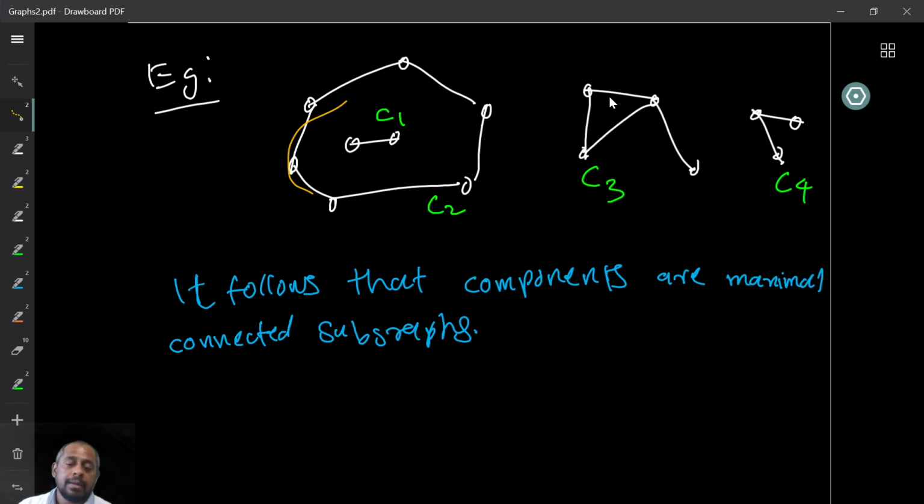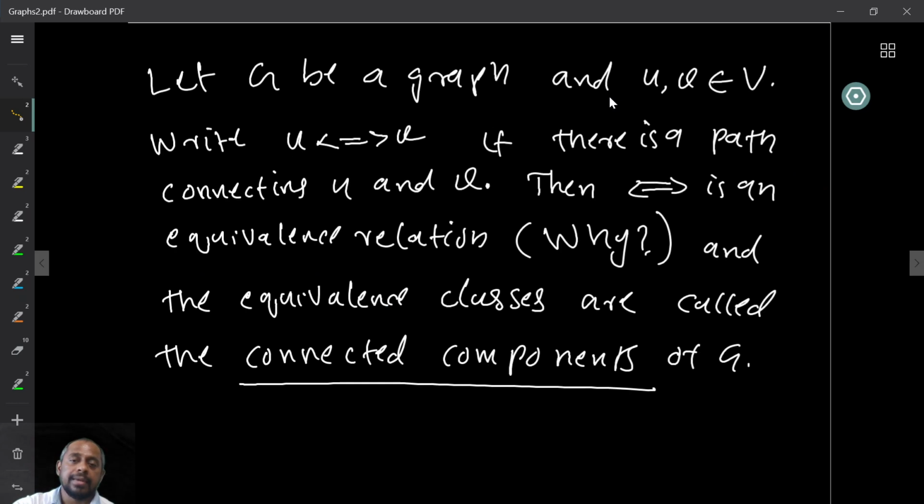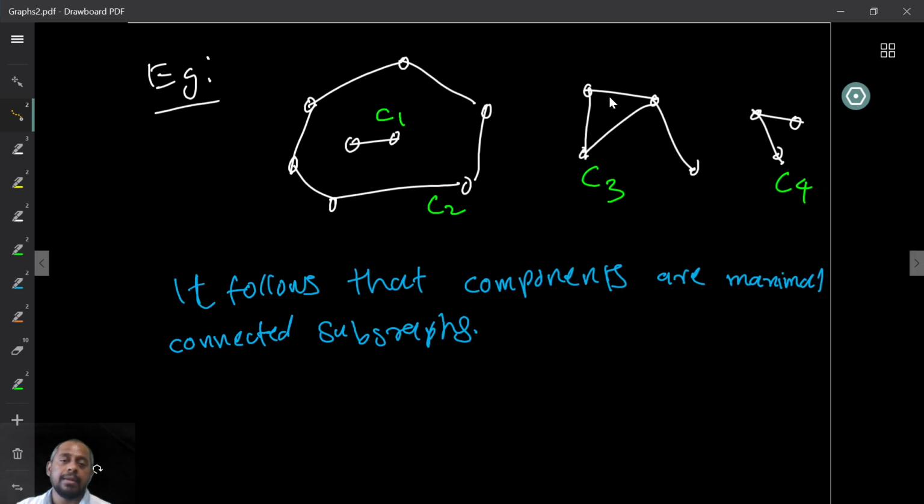Now, one corollary, or one result that we can obtain from this definition is that the components are maximal connected subgraphs. Okay. So, for example, what I wanted to emphasize is that this is a connected subgraph, right? If I look at these three vertices, just these three vertices, 1, 2, 3, right?